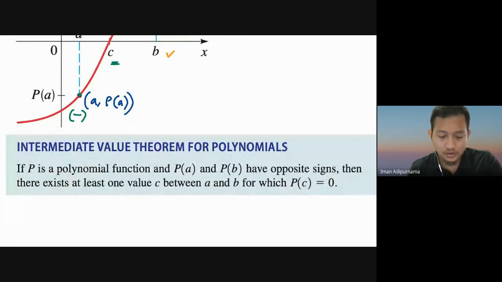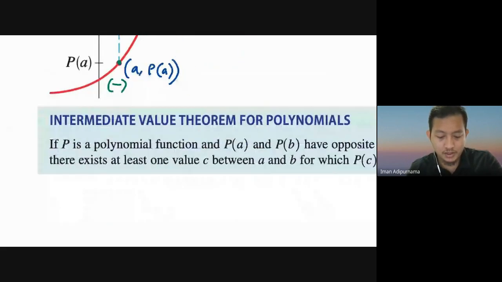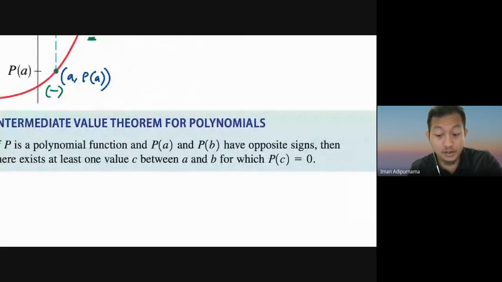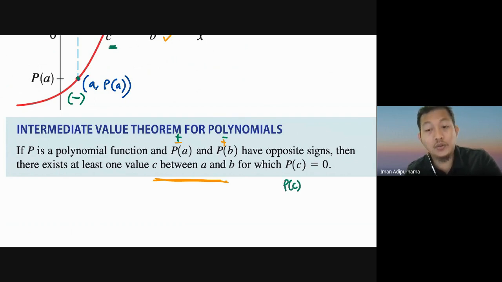So in our case, in our polynomials here, we can say that c is the one that is a zero, that makes the whole equation 0. So if p is a polynomial function and p(a), p(b) have opposite signs, so it can be positive, negative, or negative, positive, then there exists a value c between a and b for which, when you evaluate c, the whole equation will be 0.